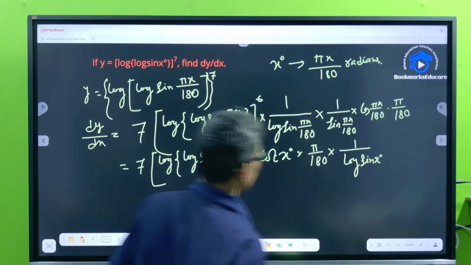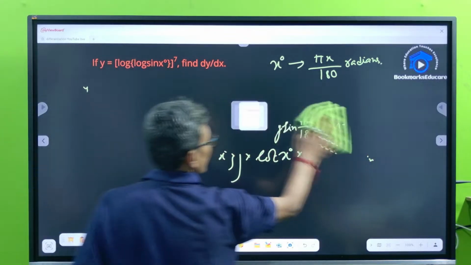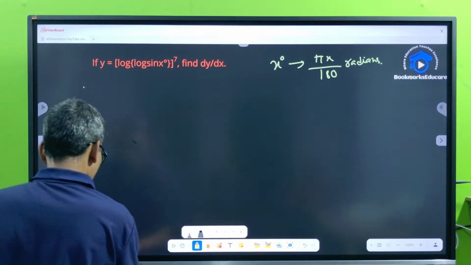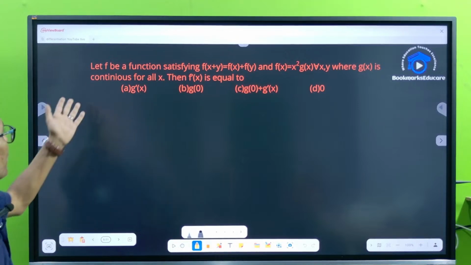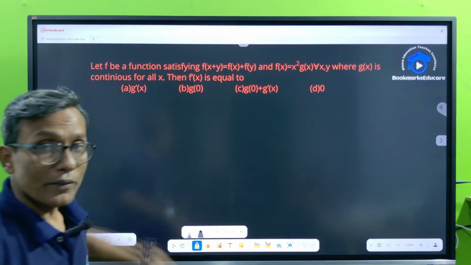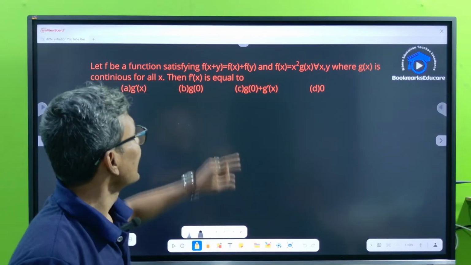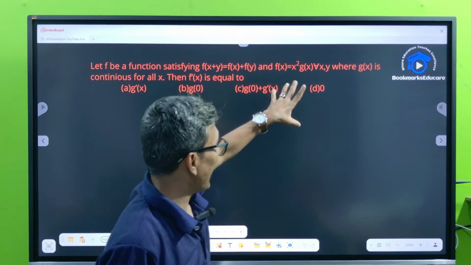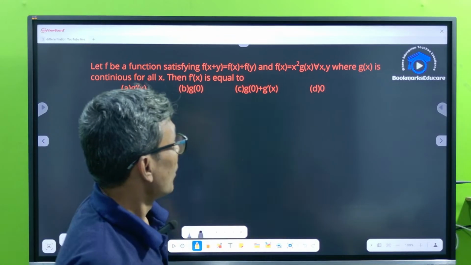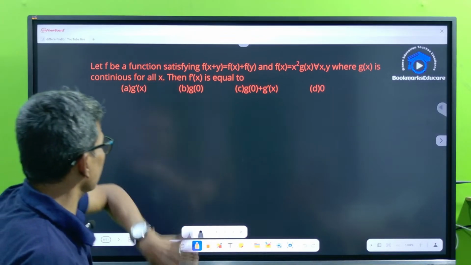Now the next sum is: let f be a function satisfying f of x plus y is equal to f of x plus f of y, and f of x is equal to x squared into g of x for all values of x and y, where g of x is continuous for all values of x.